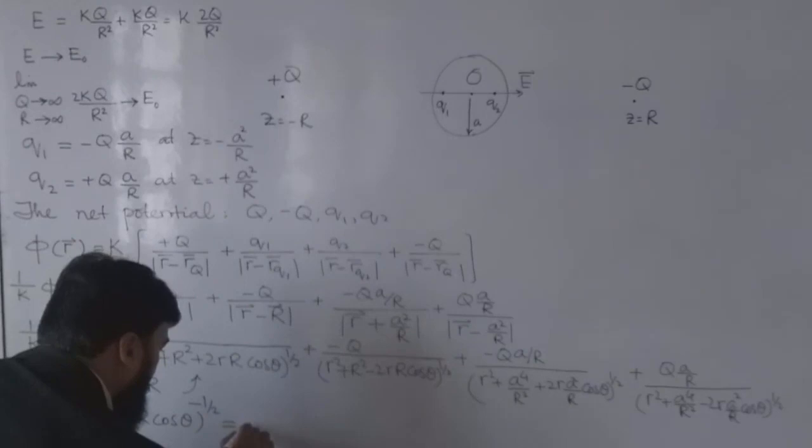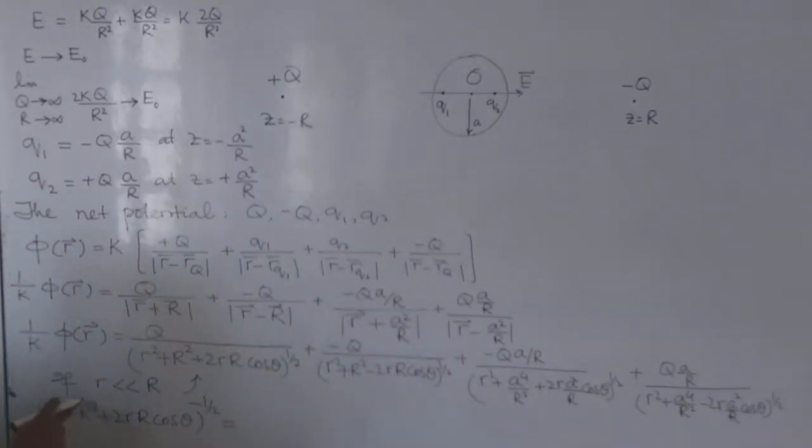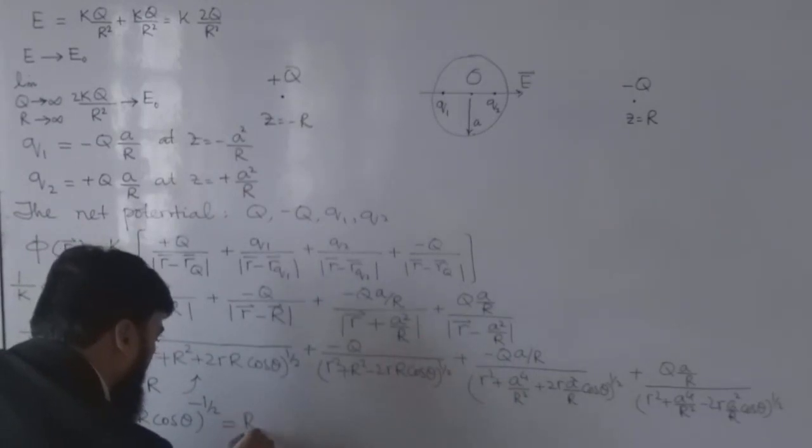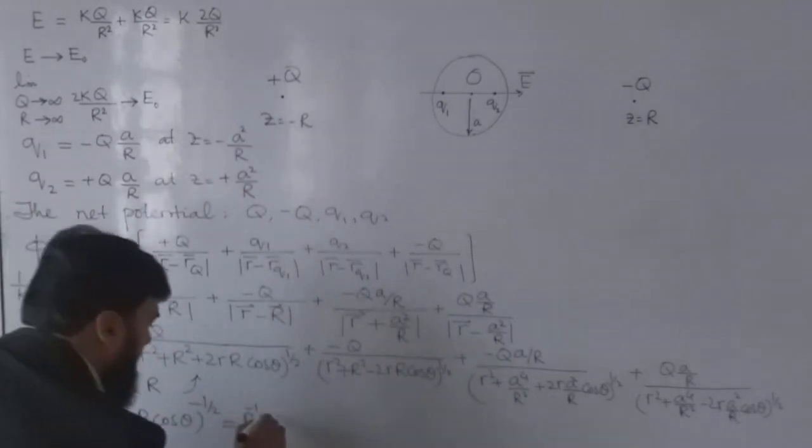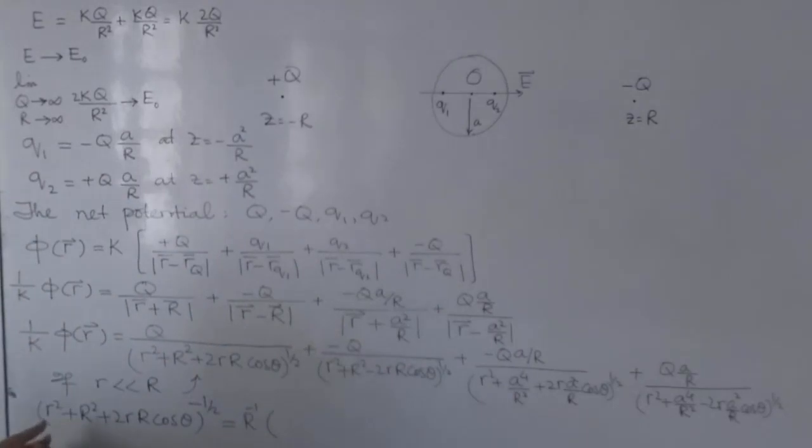When R square is taken common, the 2 will cancel, and I will have R to the power minus 1 remaining here. And here this will become 1, this will become r square over R square.